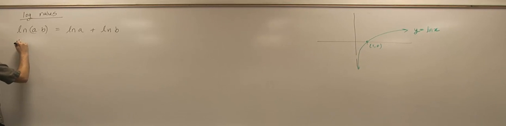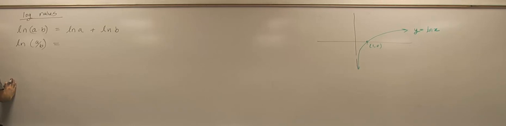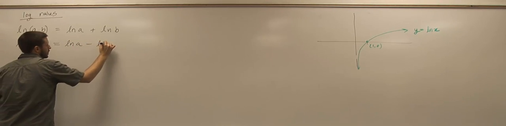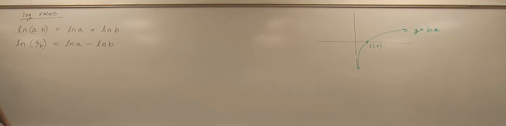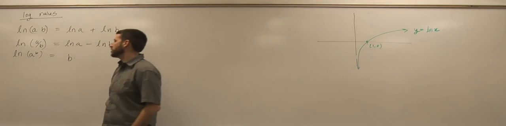If you have a division inside a log, what does that turn into? Subtraction outside. And if you have a power inside the log, so A to the B, the B comes out front as multiplication.